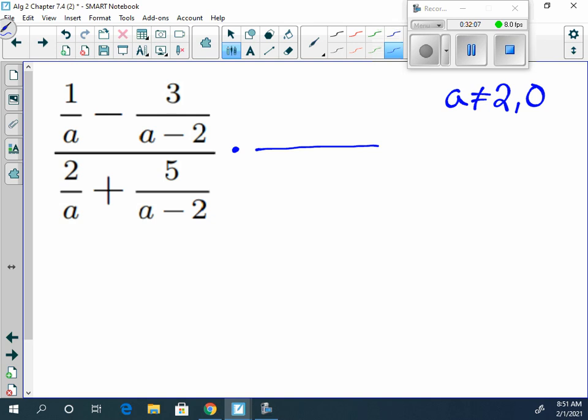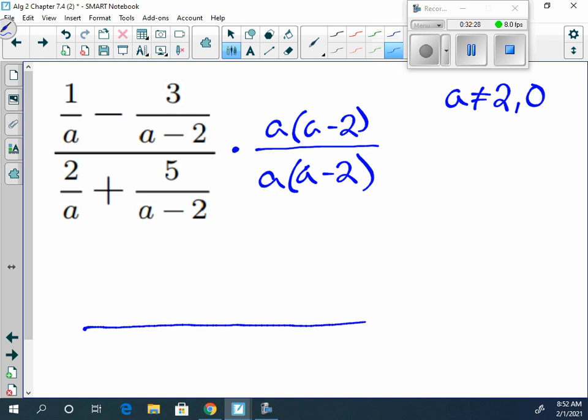So what do we need to multiply the numerator and denominator by to get these? A and a minus 2, yes? Mm-hmm. Well, that's what we need to multiply the top and bottom of this by to get those fractions to simplify. So if we look at the numerator, we're multiplying by the denominator of each fraction in this complex fraction.